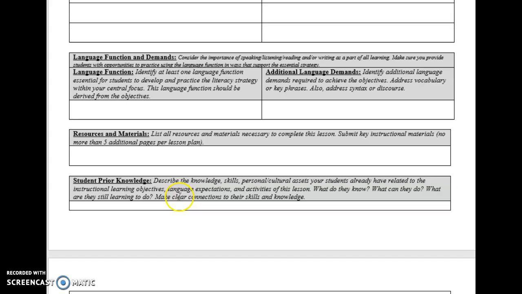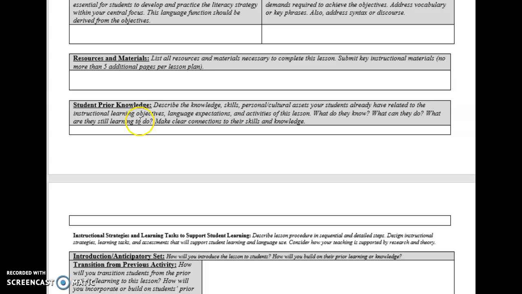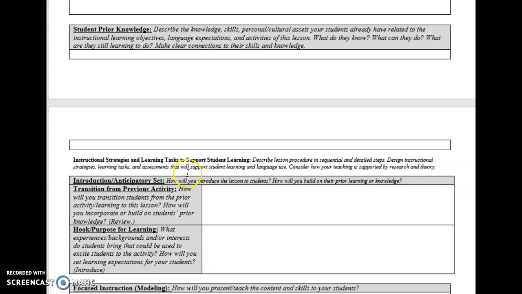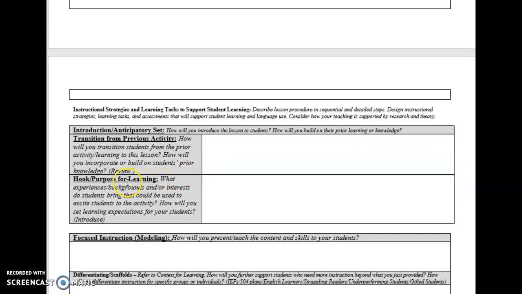Student prior knowledge, if it's something that you have been working on maybe the week before, you just mention that here. How are you going to connect that to the new lesson plan? And then, so again, transition from a previous activity, it goes hand in hand with assessing or talking about student prior knowledge.